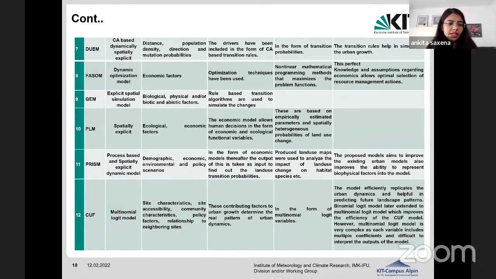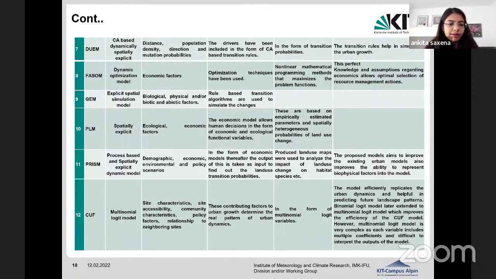The PLM model explicitly includes ecological and economic factors, and is used mainly as a pasture land model. It is used for green lands, but can be applied for urbanization also.